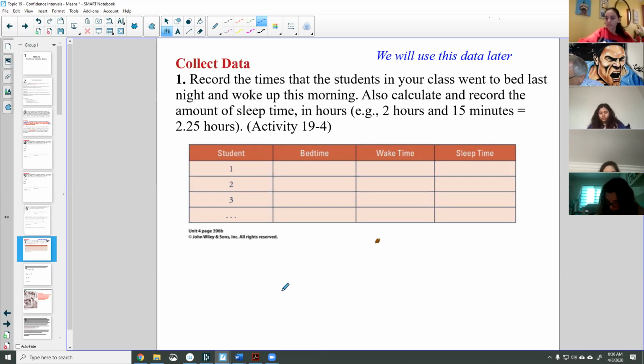Well, I'll do 2 nights ago because I had a weird sleep last night. I went to bed at I think like 12:30 and woke up at like probably 8. Okay. Emma. I went to bed at like 11:30 and woke up at like 7:30.